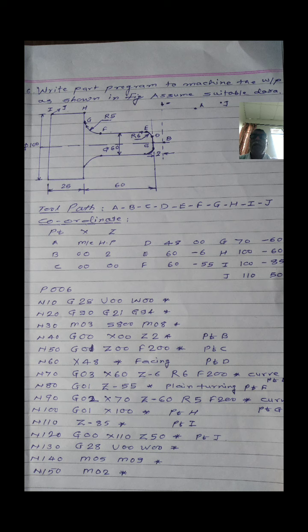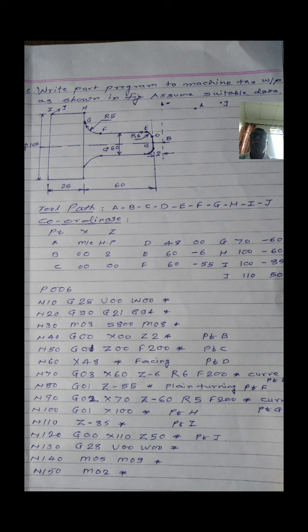Then move the tool from point E to the point F, that is a plane turning operation, over the length of 50 millimeter. Then move the tool from point F to the point G to perform the curve turning or radius turning having radius R5.